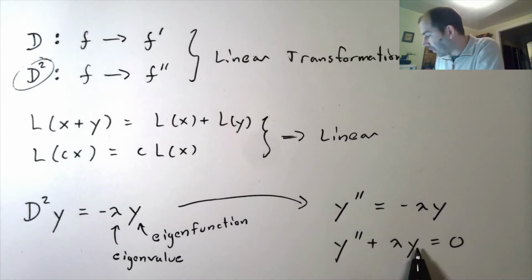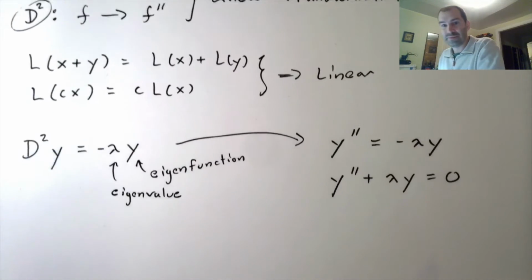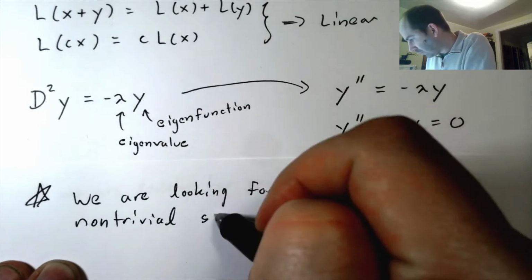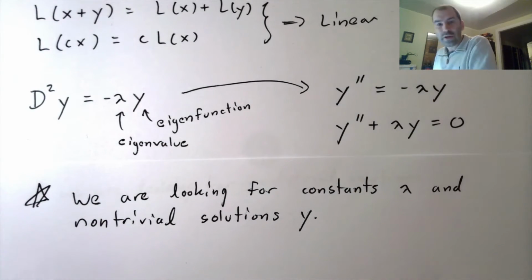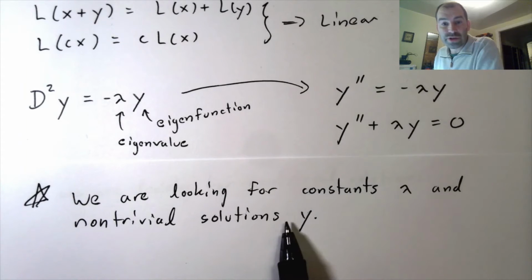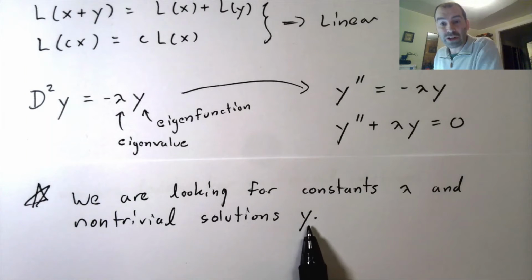So a function that's identically zero, that's zero everywhere, doesn't count as an eigenfunction. So we're looking for non-trivial solutions to this. So we are looking for constants lambda, the eigenvalues, and non-trivial solutions, the eigenfunctions y.